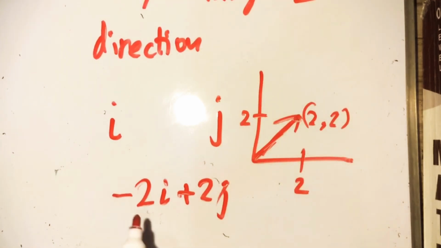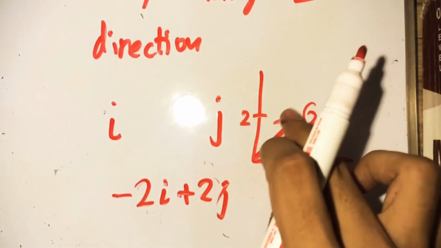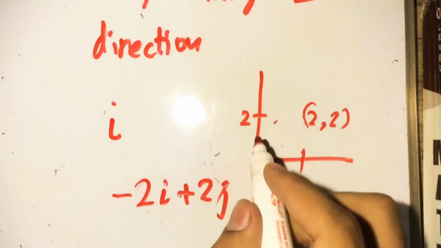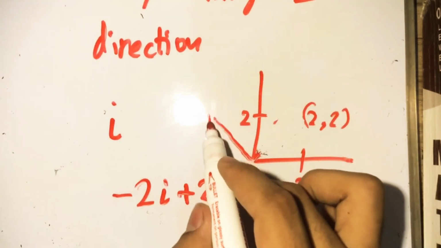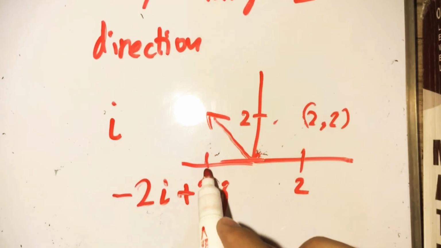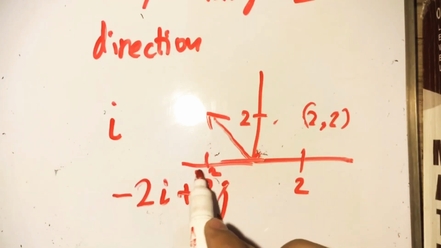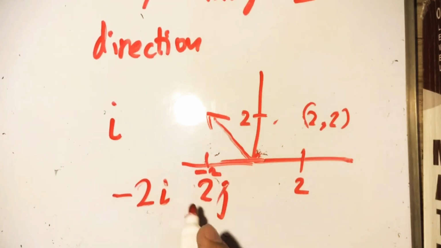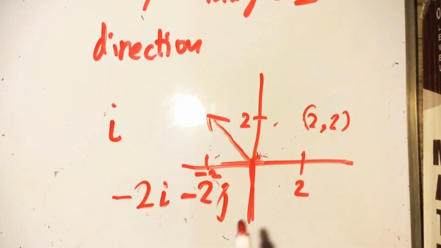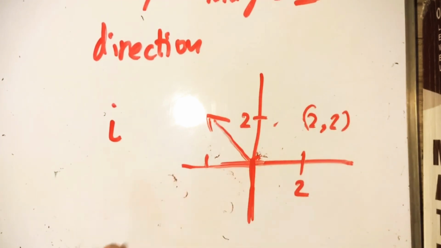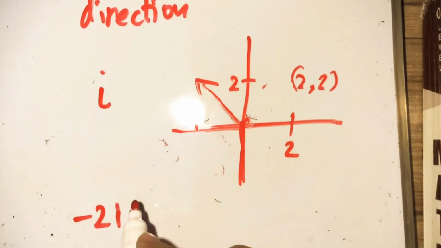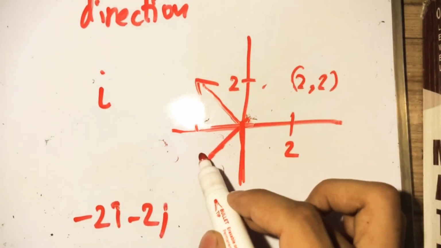Now if it was minus 2i, that would mean that the vector had this direction. And if it was minus 2i minus 2j, then the vector would be moving like this.